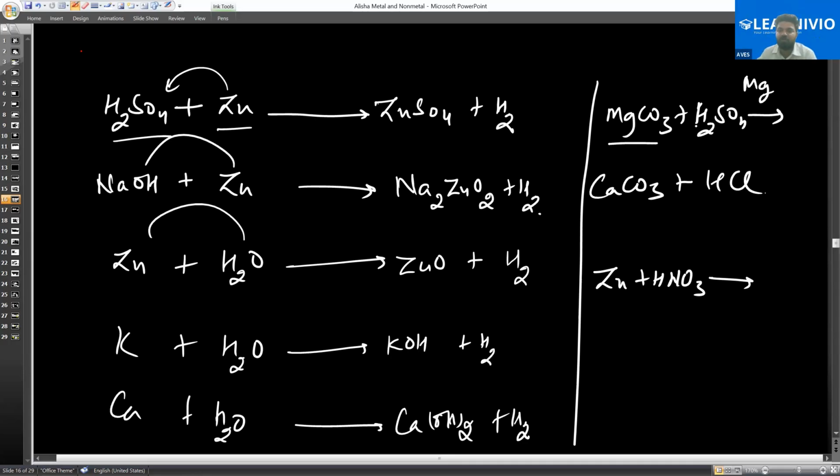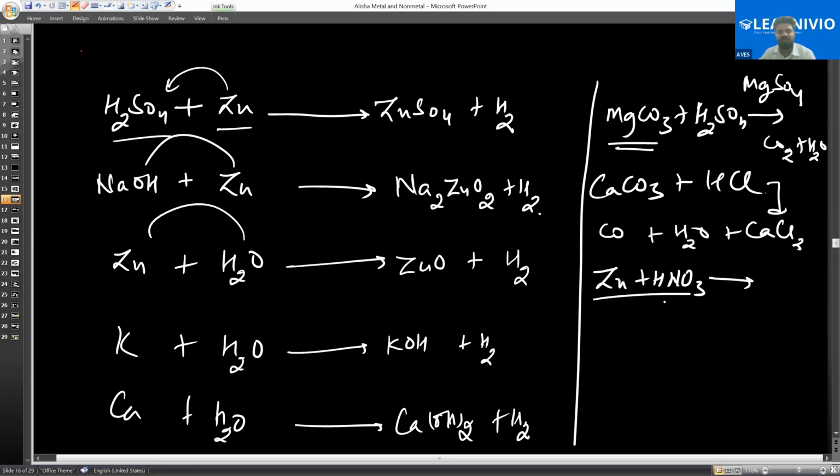So when a metal carbonate reacts with acid, it will give you metal sulfate, and then carbon dioxide plus water. Any metal carbonate when reacting with acid gives salt plus water plus carbon dioxide. Similarly, this will also give you salt, calcium chloride, plus water plus carbon dioxide.